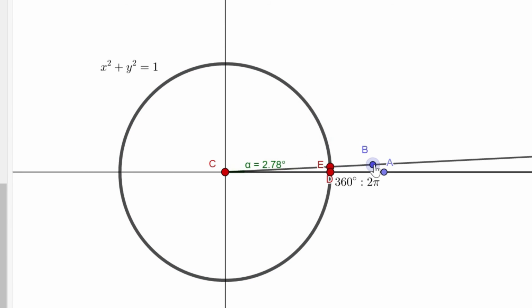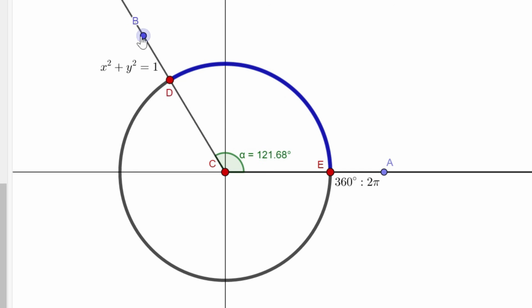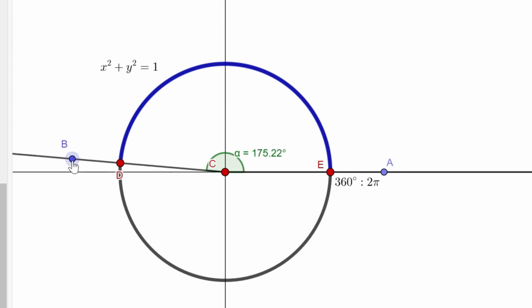What if our revolution is 1/2 of a complete revolution? So that rotation would trace an arc in our unit circle whose length is equal to 1/2 of the full circumference of a unit circle, which is equal to pi.